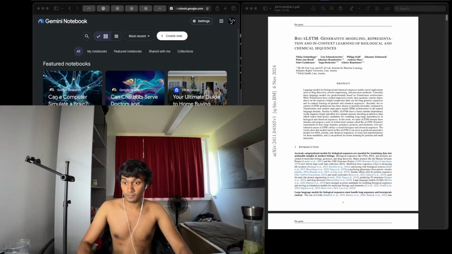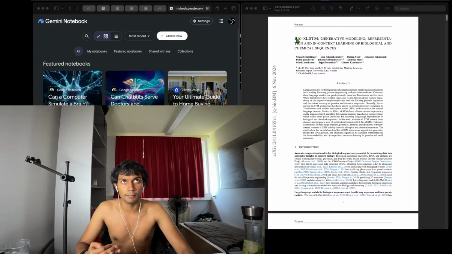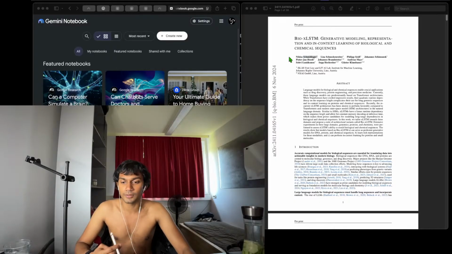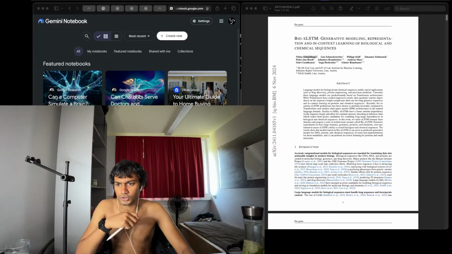So basically the paper is called BioXLSTM: Generative Modeling, Representation, and In-Context Learning of Biological and Chemical Sequences. Let's see what this paper is about. Maybe I could not even scratch the surface because it's too complicated, but we gotta try, huh?